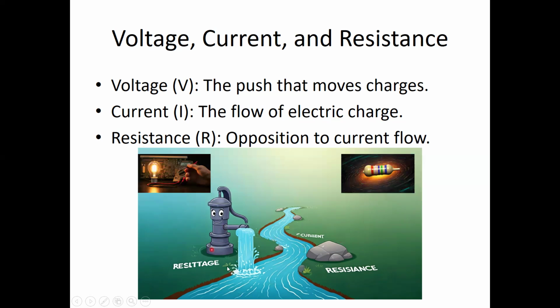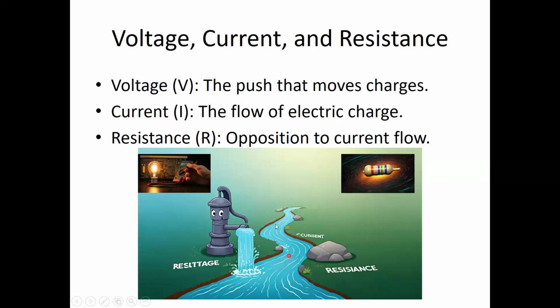So for example, let's say this analogy right over here: there is a place in which water is flowing, and the water is coming through a pump. This pump is supplying the water by means of some force, and the water is coming out. We will say that this is a kind of voltage in terms of analogy. Then the flow of water itself is nothing but the electric charge, or in other words, our current.